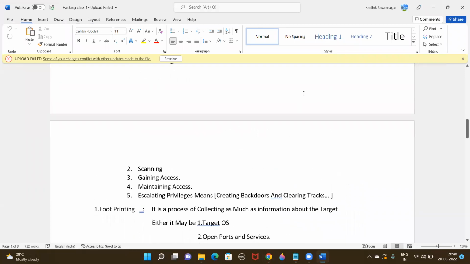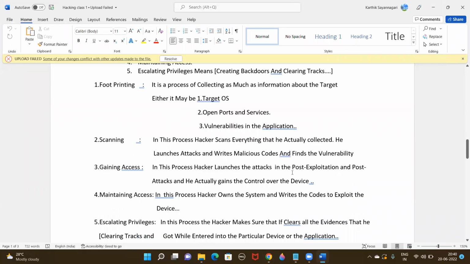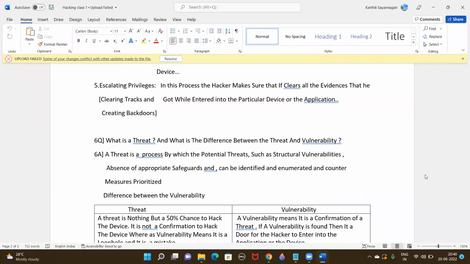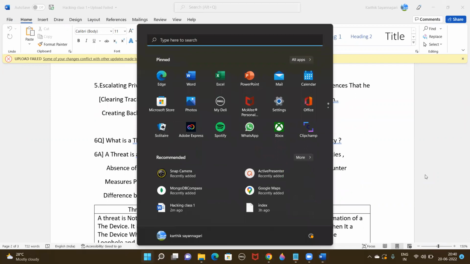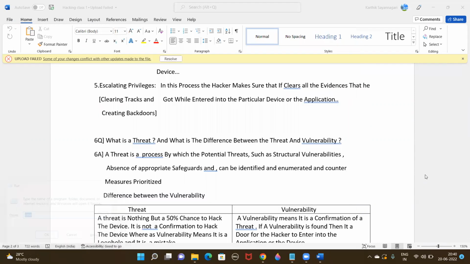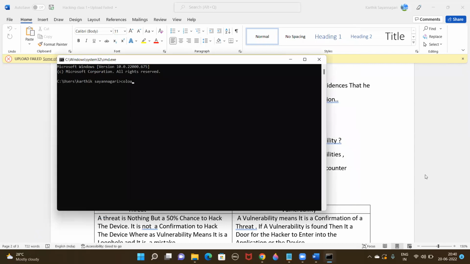Let me use a command prompt for this. So we also have to learn different types of commands. I'll be teaching you those things. See, this is a command that we actually use to know the IP address of Google.